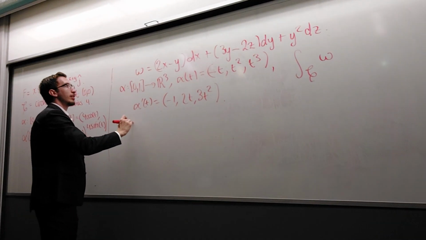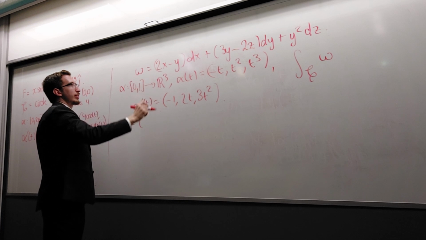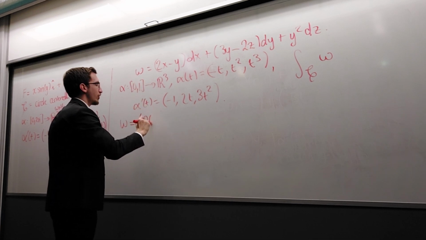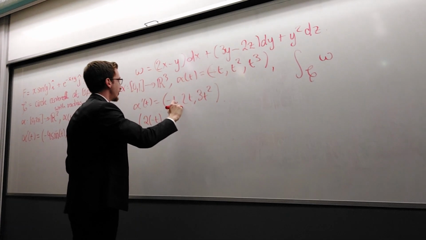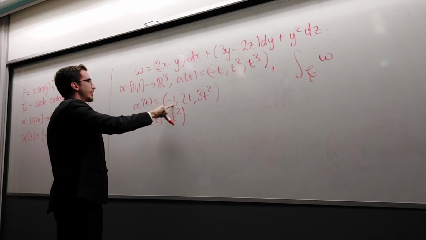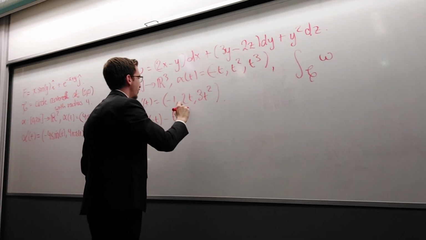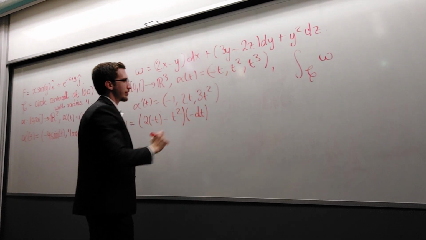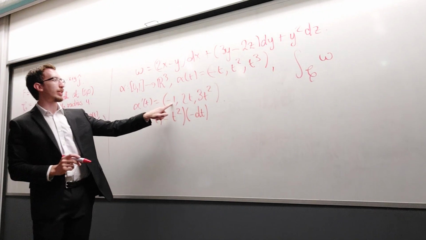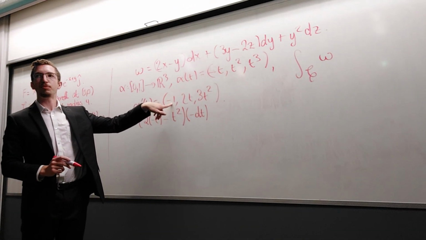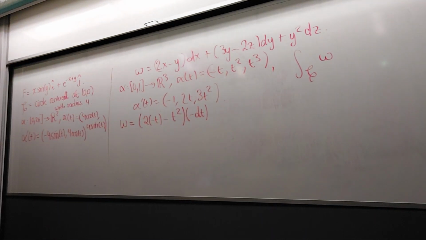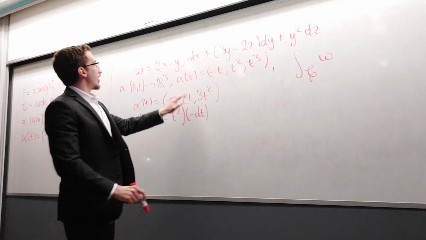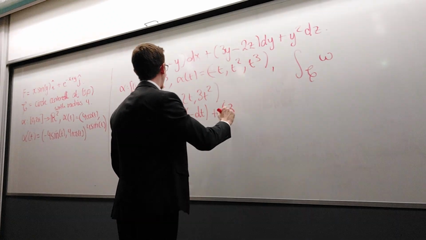So omega becomes 2x, so I get 2 times minus t, minus y, t squared. Dx is now minus dt. Because what I actually do here is I let this be x, and then dx dt is minus 1. So dx is minus dt. Okay, I have 3, what's y?